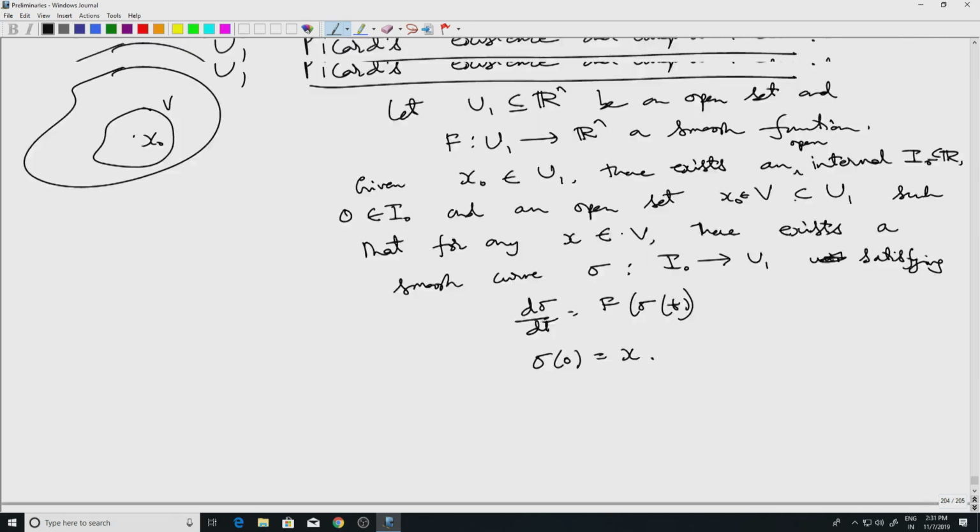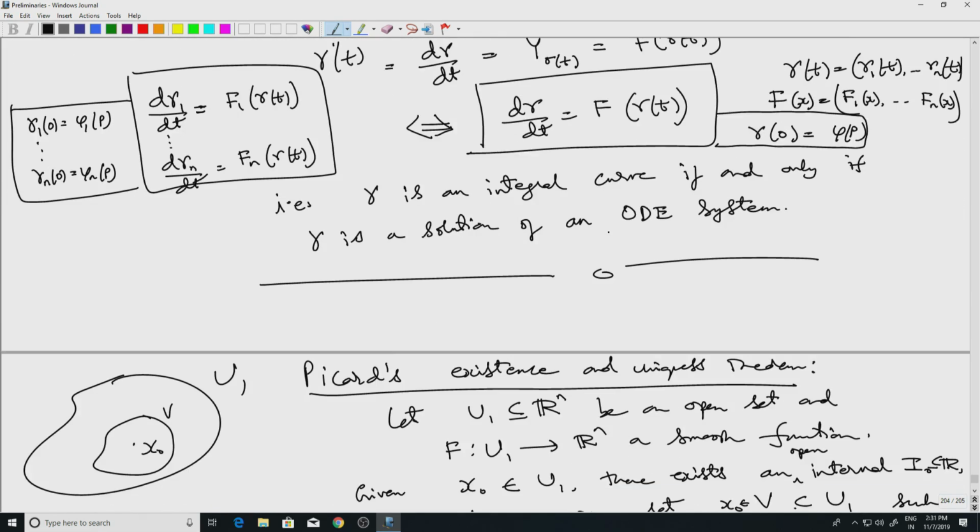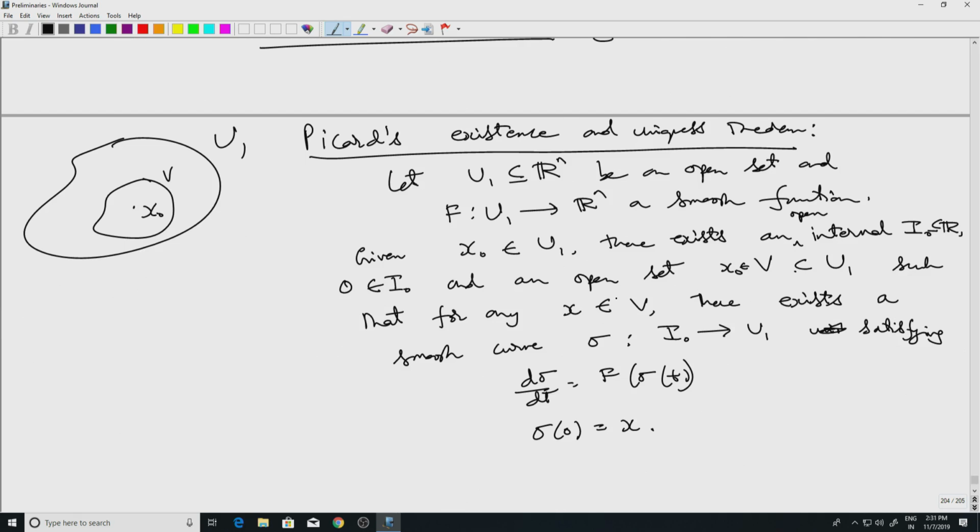So what I am saying is slightly stronger than what I had stated earlier in the context of integral curves. Here what I am saying is that if I take any point x naught, there exists a neighborhood of x naught which I call V such that for any point in the neighborhood I can find a solution to this equation starting at that point x, and that solution we can assume is defined on the same interval I0.